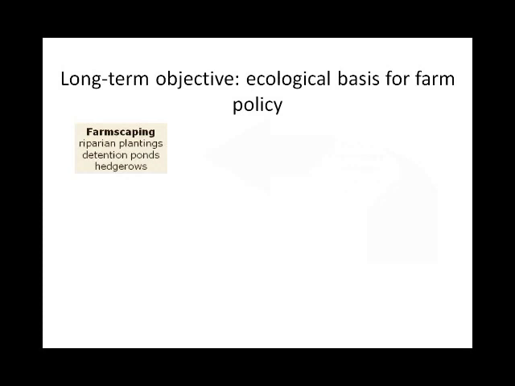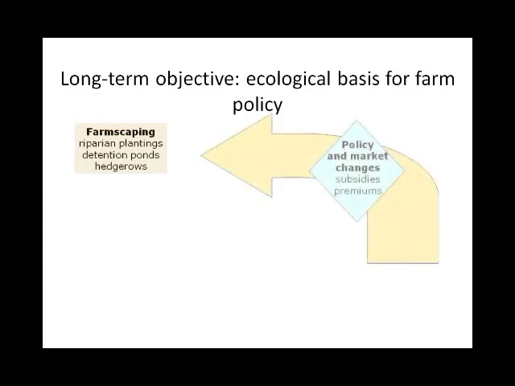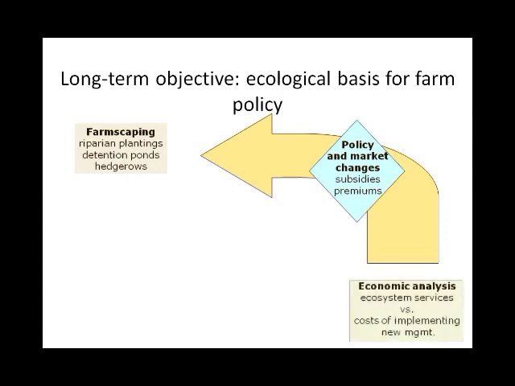So overall, what I just want to point out with this next thing, you can just click through these different slides quickly as they're in steps, is that our long-term objective for this type of work is to look at the kinds of policy and market changes that could be incurred with subsidies and premiums for people who might be willing to do more farmscaping.